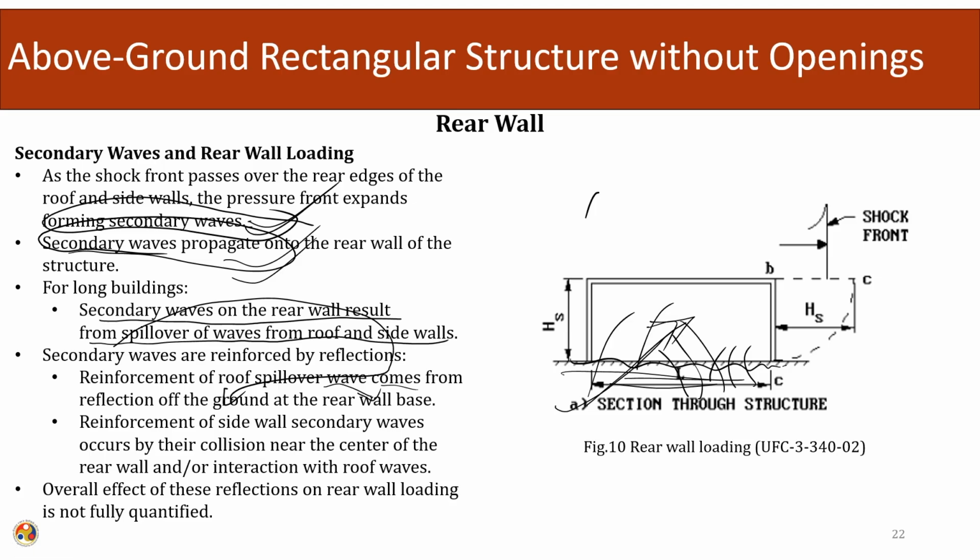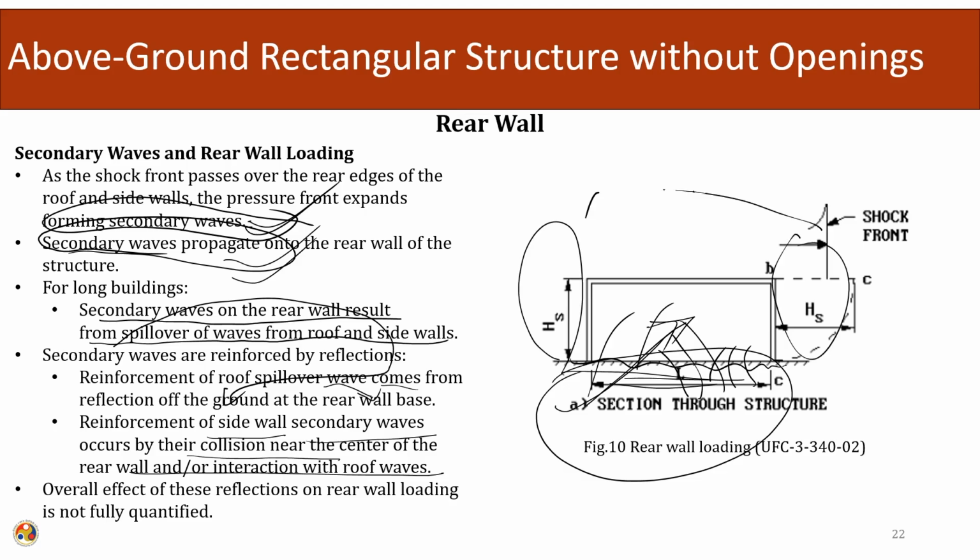Plus, it is also augmented by the secondary waves occurring in the side wall. There is a collision between those waves near the center of the rear wall and interaction with the roof waves. Basically, one interaction comes from the ground at the rear wall, and one interaction comes from the side walls and the roof.